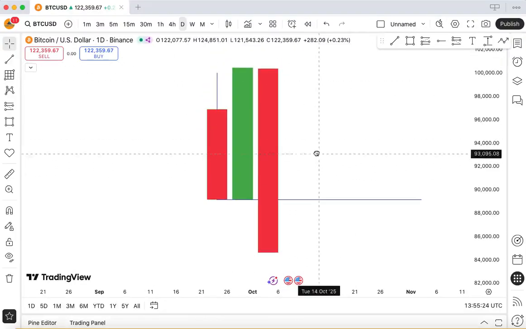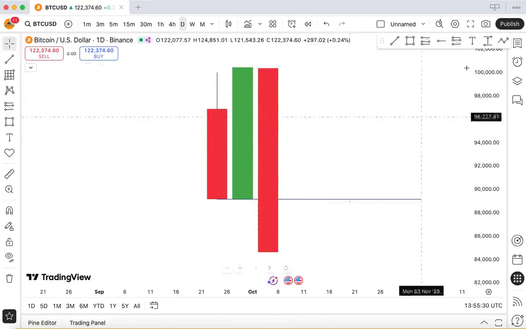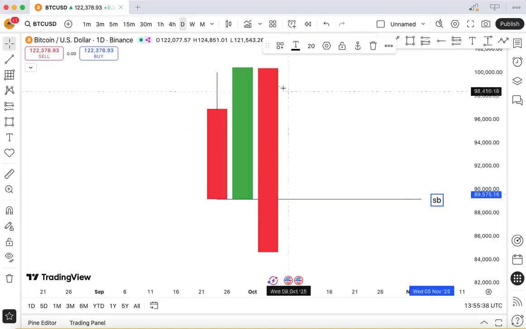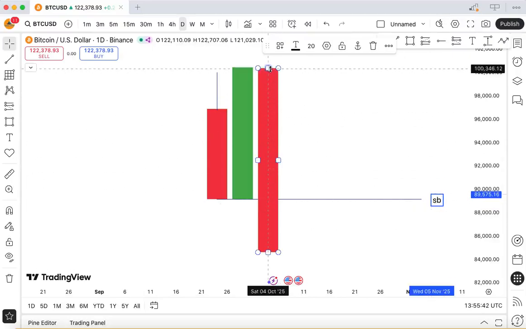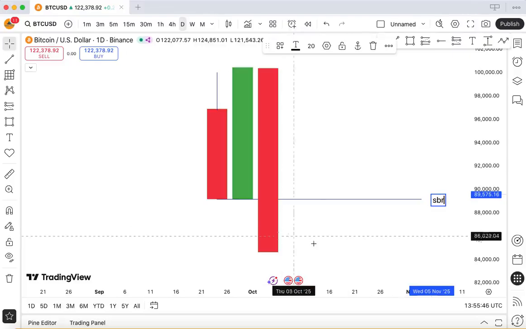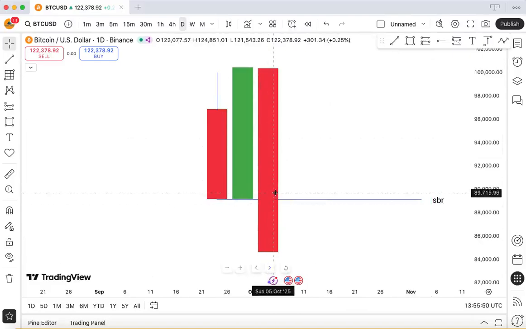Then once you see this support being broken, hear me, S representing support, B representing broken, then B becomes, then R represents what? Resistance. So it was a support level, it is broken, now it is a resistance.